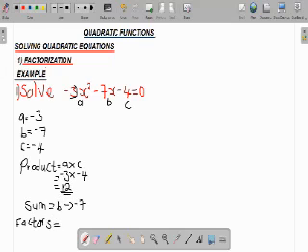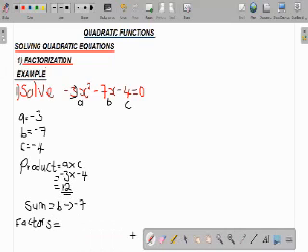So our factors are: 1 can go into 12, 2 can go into 12, 3 can go into 12, 4 can go into 12 three times, 6 can go into 12, and the last one is 12 itself.